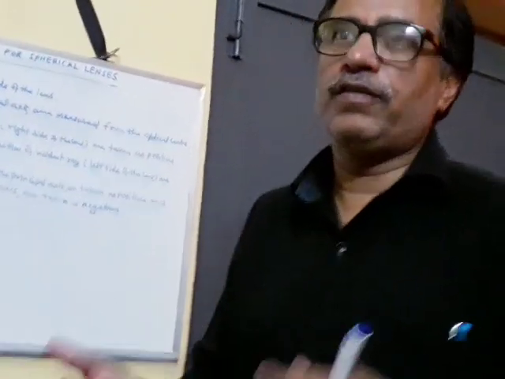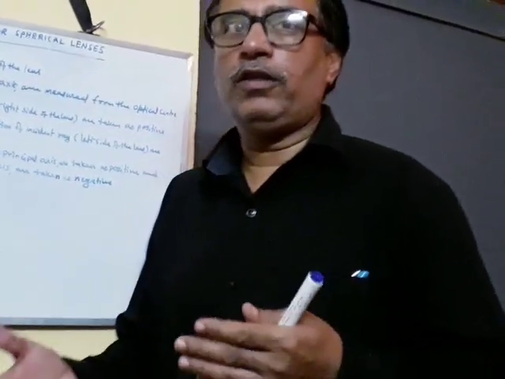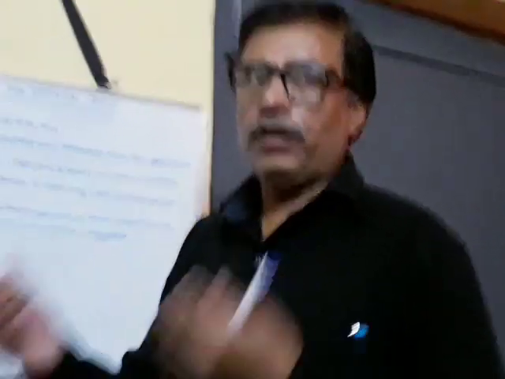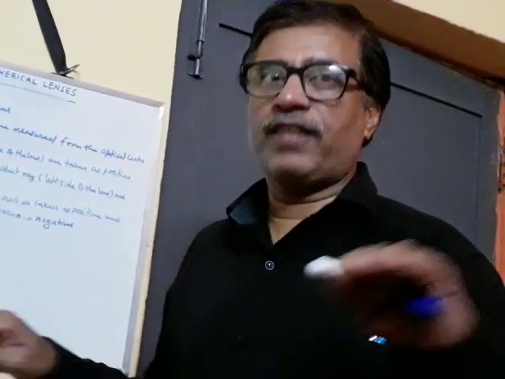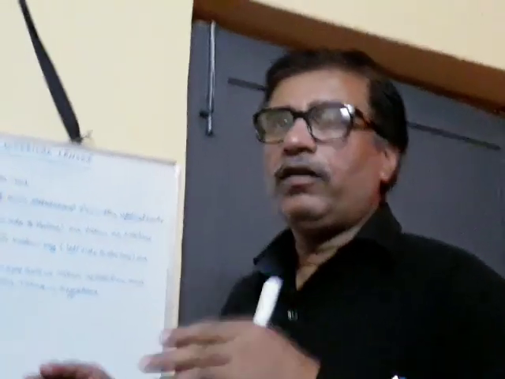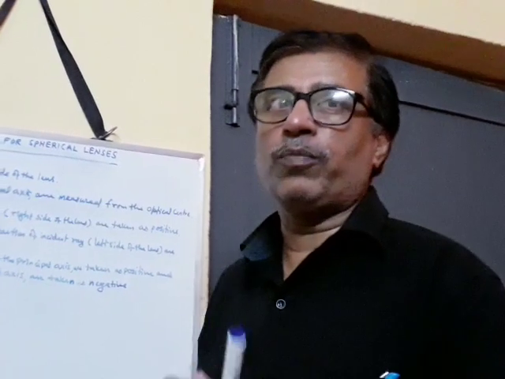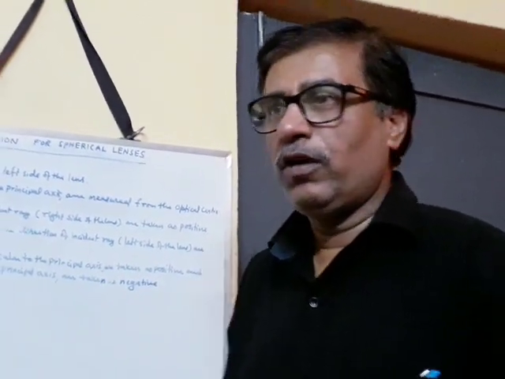Simply we can say that we apply the coordinate system, that is an x-axis and a y-axis, in which on the right side of the x-axis the values are positive and on the left they are negative.